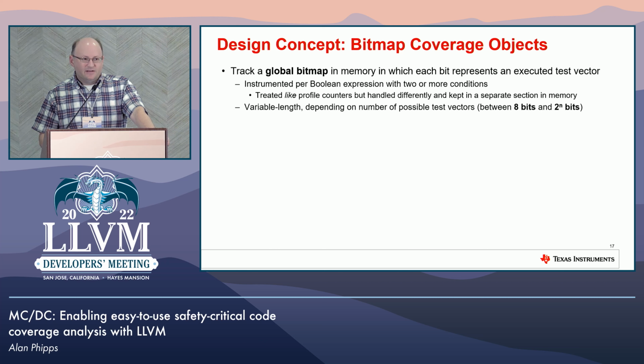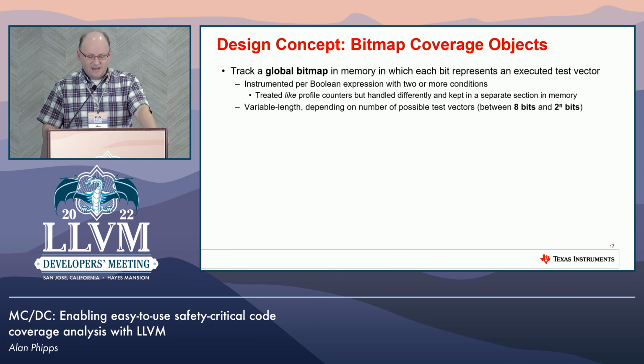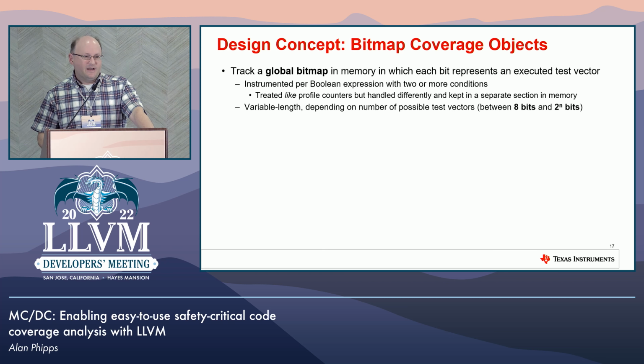And this is fundamental. It's variable length. It depends on the number of possible test vectors for a Boolean expression. So in our case, it can be between 8 bits or up to 2 to the n bits, but it's bits. It's not bytes. It's not counters. So a Boolean expression that has 2 to 3 conditions in it takes only a byte. And in practice, in most embedded applications, this is all you'll see.